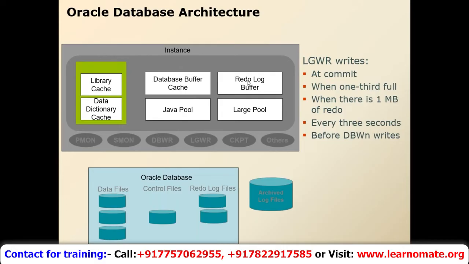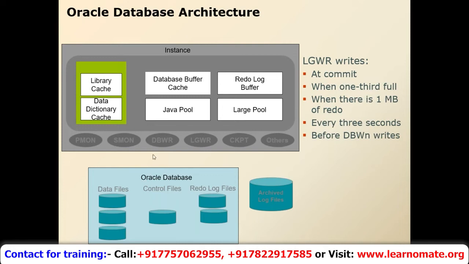The instance itself is divided into two parts, SGA and background processes. The SGA includes your library cache, data dictionary cache, database buffer cache, Java pool, redo log buffer, large pool, etc. Your background processes include PMON, SMON, database writer, log writer, checkpoint, and there are other background processes.